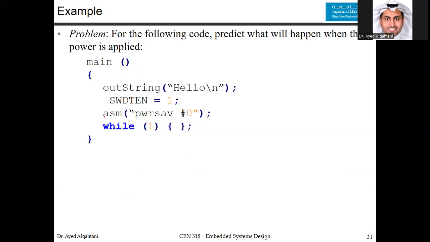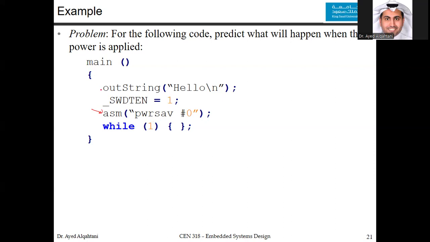watchdog timer, we forced the system to go into sleep mode. When we say #0, it means we are forcing the system to go to sleep mode. So now what will happen? Now the watchdog timer will have its other job as well, which is waking up the processor.